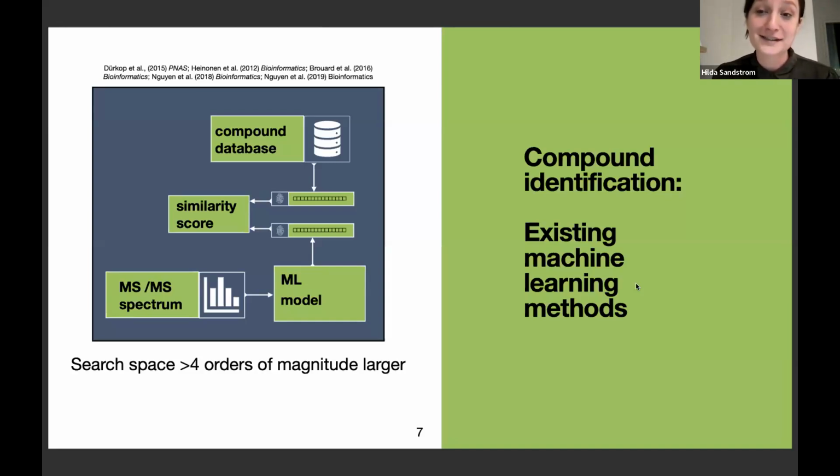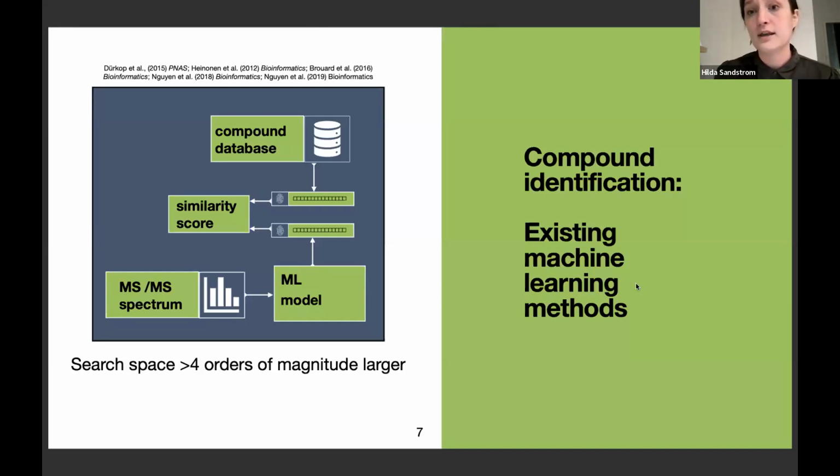And the usefulness of doing this trick with machine learning is that these fingerprints can also be obtained for all molecules in compound databases like PubChem, for example. So instead of matching the spectral representation, one would search for similarities in this molecular fingerprint representation instead.